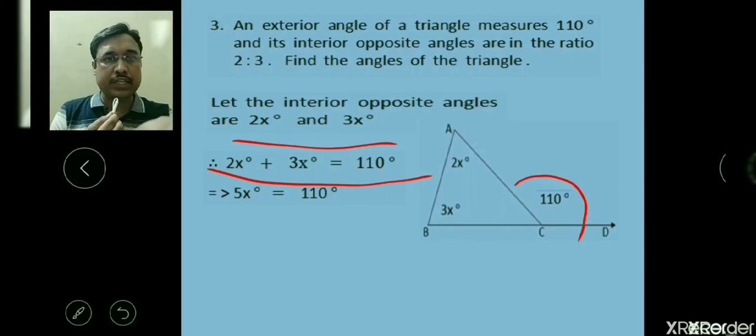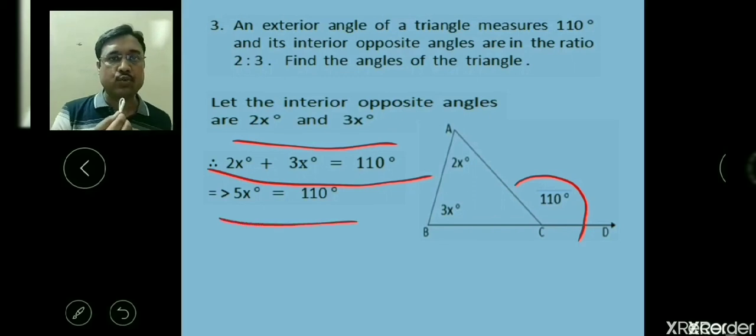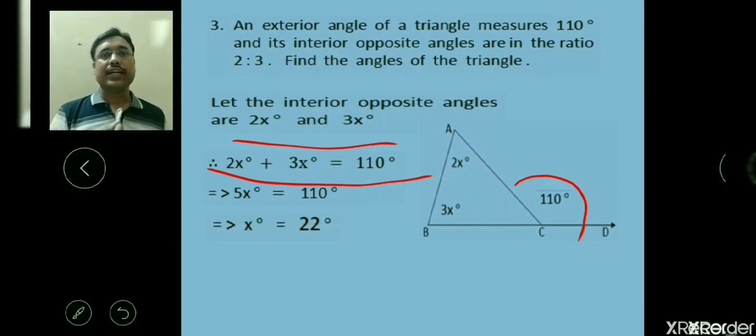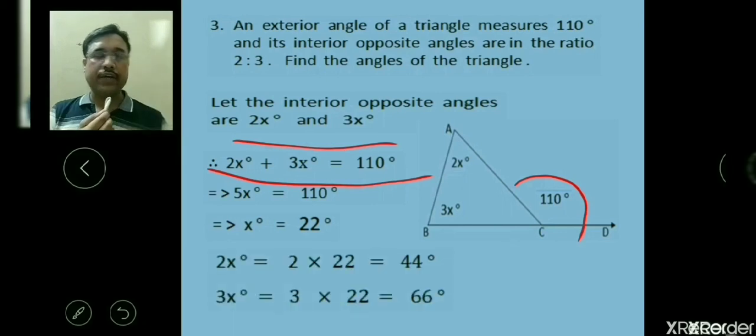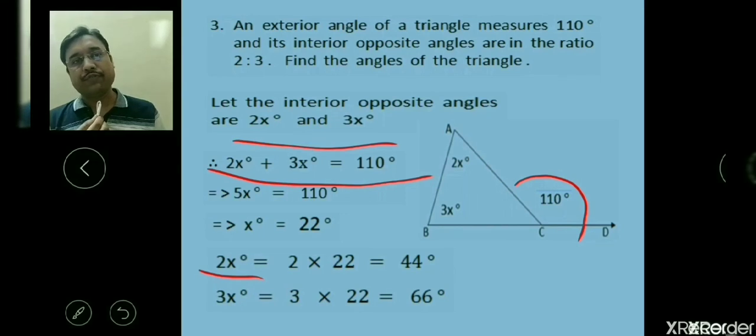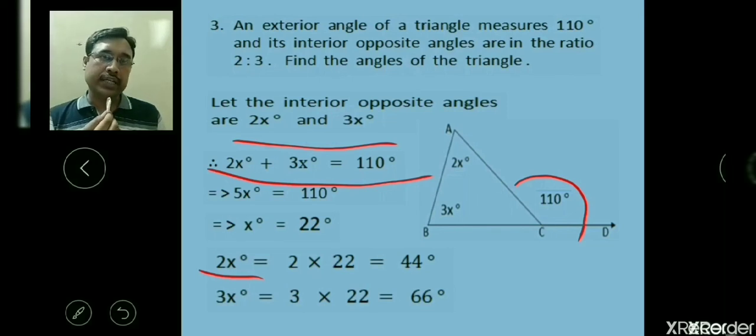Then 2x plus 3x is 5x degrees, equal to 110. That means x equals 22 degrees here. Then you can find them one by one: 2x equals 2 into 22, which is 44, and 3x is 3 into 22, which is 66 degrees. So these two interior angles you have found.